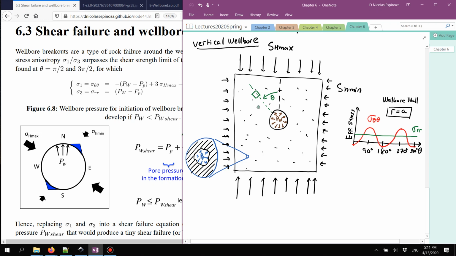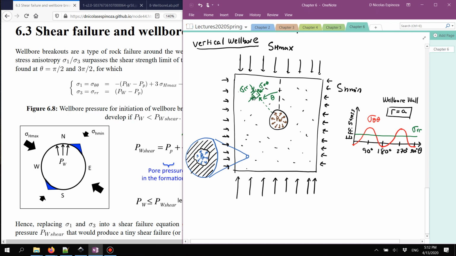The distance r would be the distance from the center up to this point, and in the direction perpendicular to the radius, I have the hoop stress. In the direction of the radius, I have the radial stress. In this case I'm also going to have some shear stresses, which I'm not going to name, but I will just draw very quickly over here.